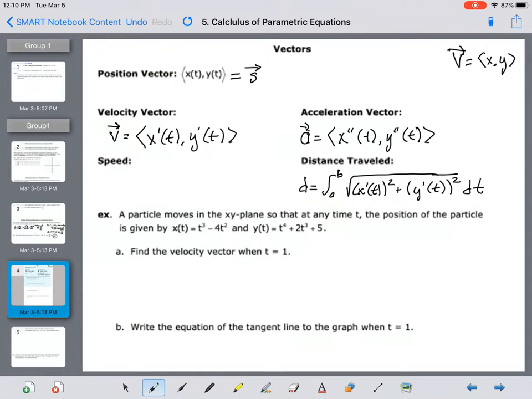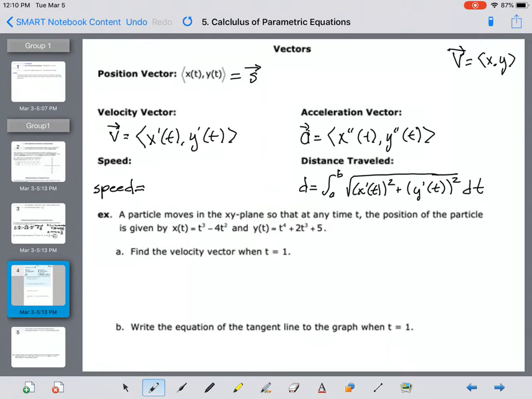Now our speed formula in vector form. Speed is the absolute value, or magnitude, of velocity. So we go back to the idea of using our velocity to calculate speed. In vector form, that speed is actually a distance, so we use a distance formula to figure out speed.